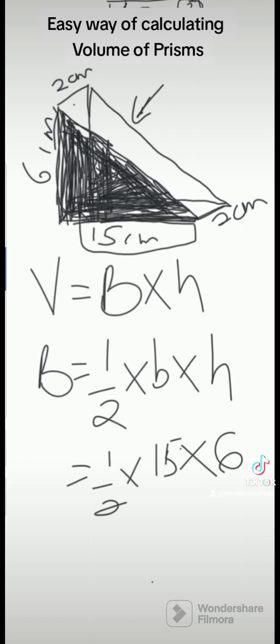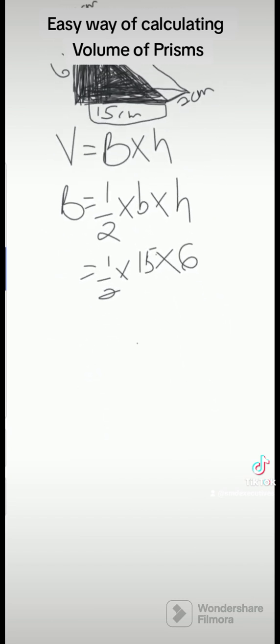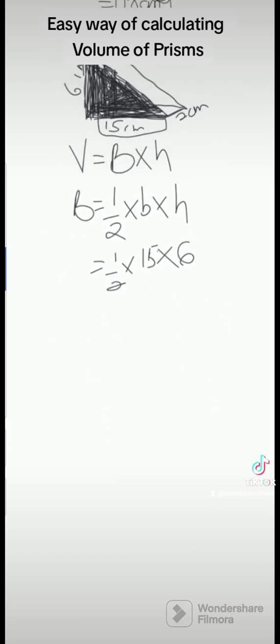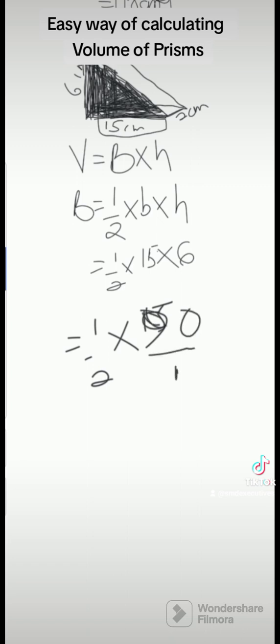Now we have 1 over 2 times 15 times 6. Directly we can just say 15 times 6 is 90. Then this is obviously over 1. Then we can divide 1 over 2 times 90 over 1. Eventually we have 45 centimeters square for the base. So that is the area of the base.